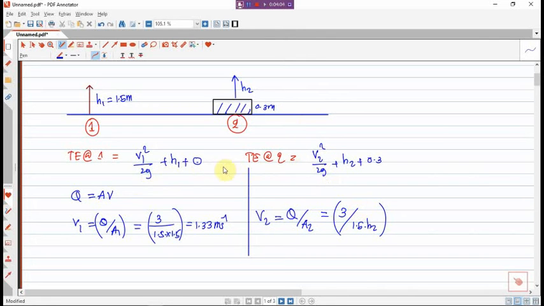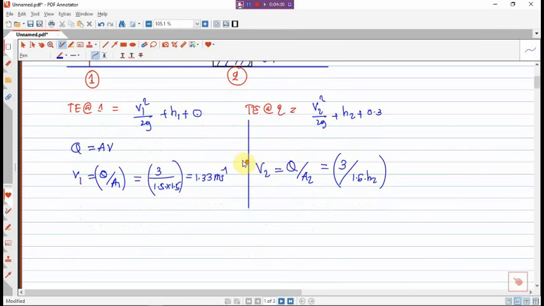When you equalize the total energy at 1 and 2, we get the equation: 1.33 squared upon 2g plus 1.5, so total energy at 1 is 1.59 meter.